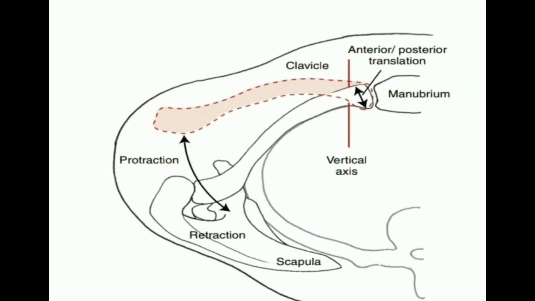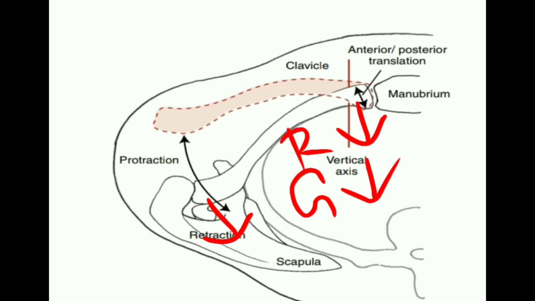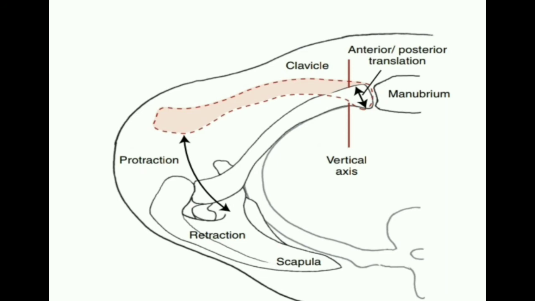So what happens in retraction? In retraction, when the clavicle is moving posteriorly, the medial end of the clavicle also rolls posteriorly and glides posteriorly. So once more I will make it clear that in elevation and depression, the clavicle is convex and the manubrium is concave. So the convex is moving on the concave surface.